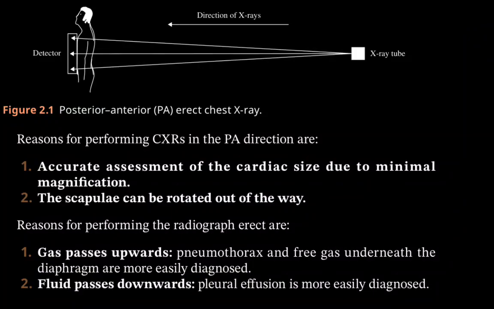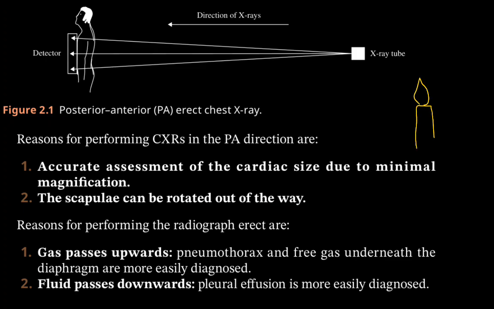But upright position, full inspiration, and the patient's anterior side adjacent to the film to avoid the magnification of the cardiac shadow or the heart or the mediastinal structures. We will assume that we have got a candle.